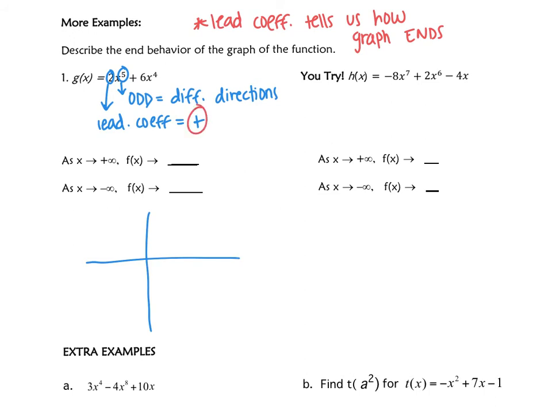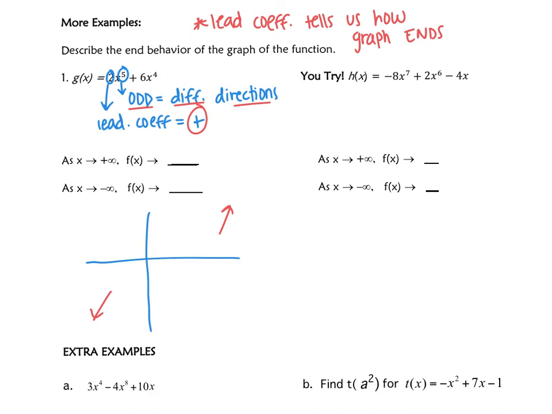So positive means we are ending up. We also know because it's odd, we're going in different directions. So this graphically is how our graph would start and end.